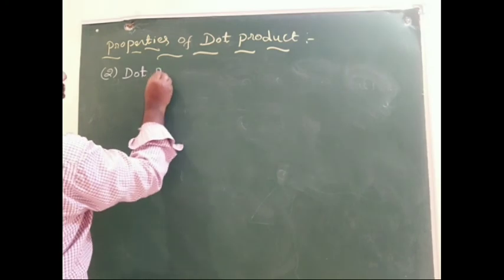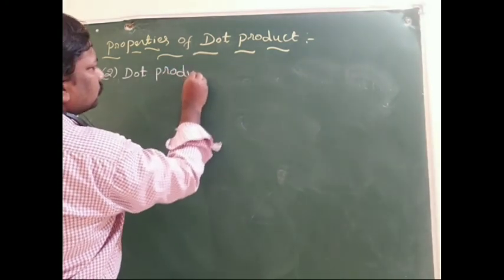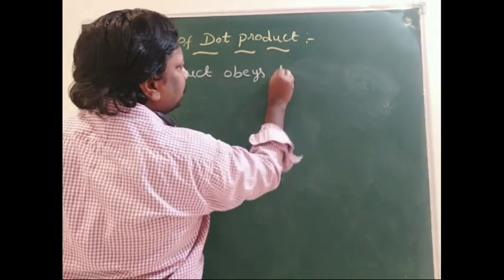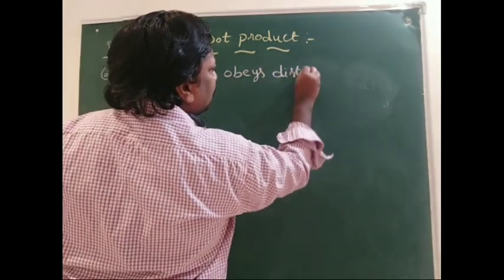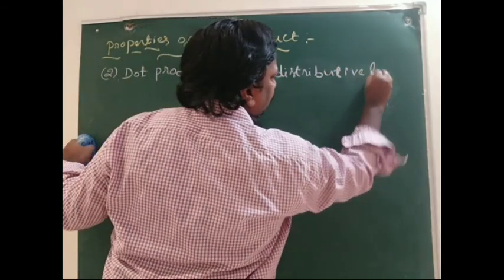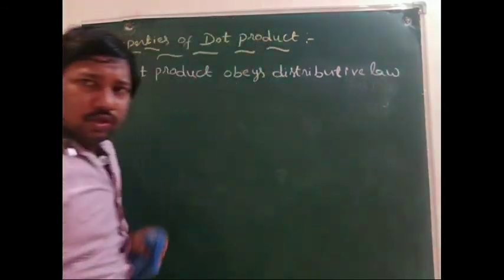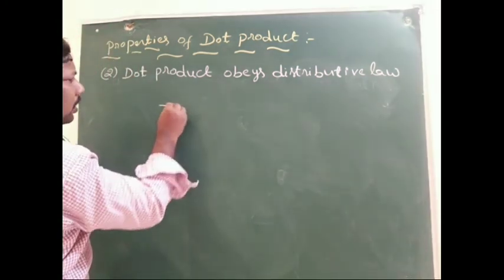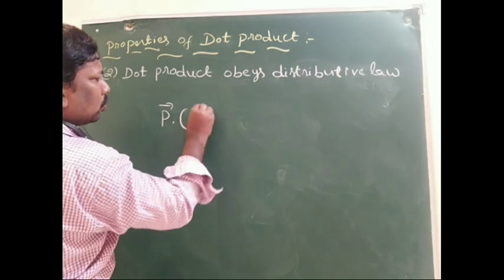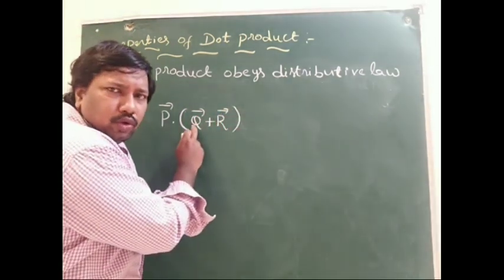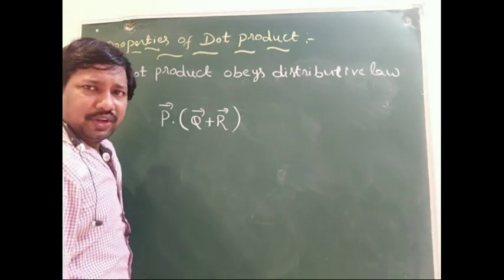Here p bar, q bar and r bar are three vectors.